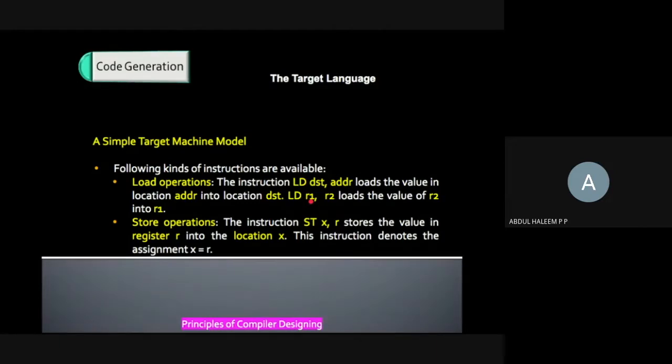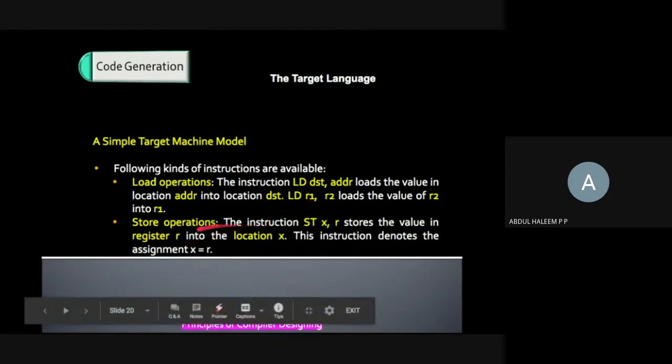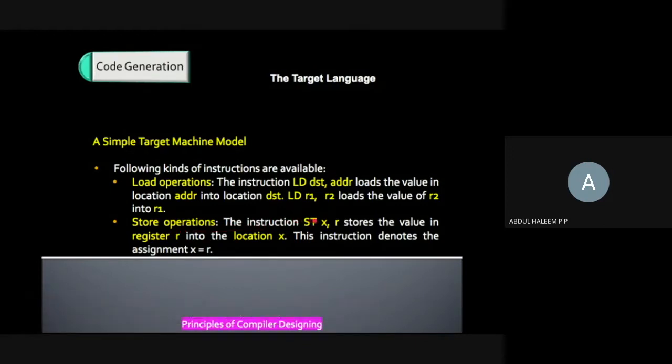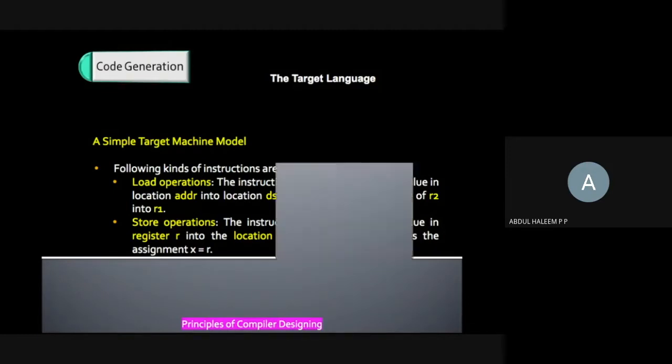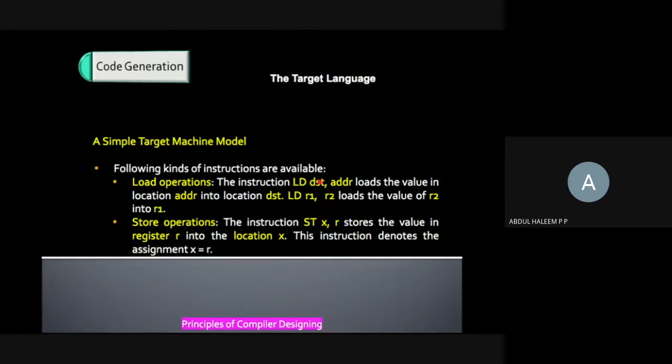Similarly, we have the ST instruction. ST is for the storing operation. ST also has the same order. Immediately after ST, we have 2 items. The first item is the destination and the second item is the source. So ST X, R, where X is a memory location and R is a register.